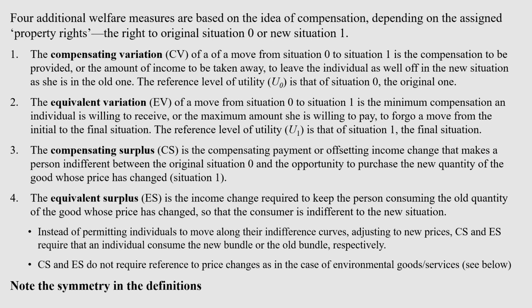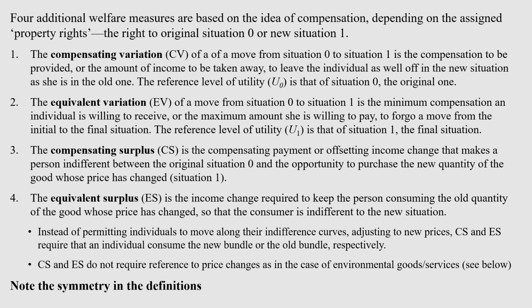Now notice that we use CS to denote compensating surplus, which is why we use an S to denote regular consumer surplus. The equivalent surplus, on the other hand, is the income change required to keep the person consuming the old quantity of the good whose price has changed so that the consumer is indifferent, notice, indifferent to the new situation.